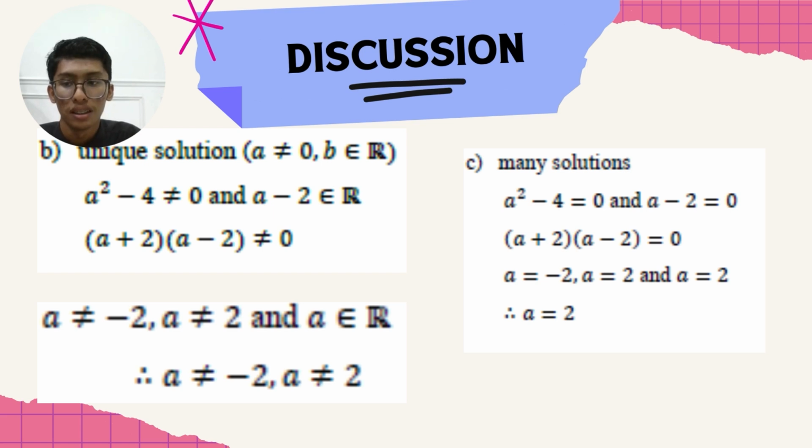For question C, to find the many solutions, based on the syllabus that we have studied, A is equal to 0 and B is equal to 0. So the answer will be a equals negative 2 and a equals 2, and the final answer is a equals 2.